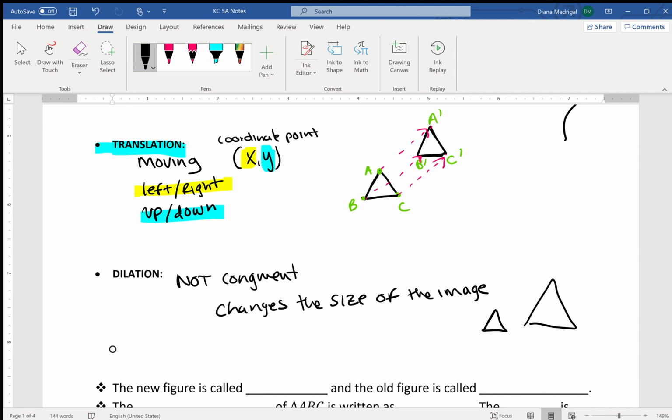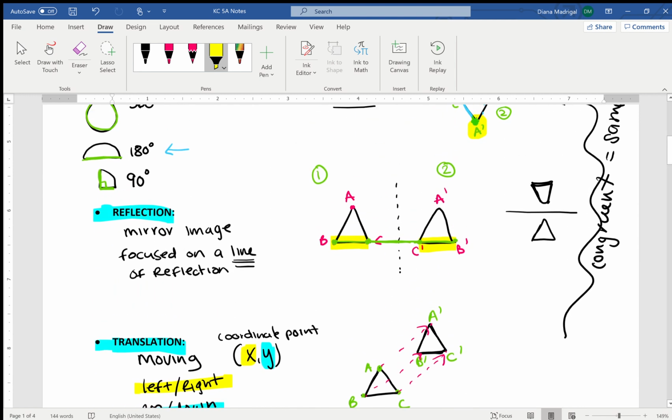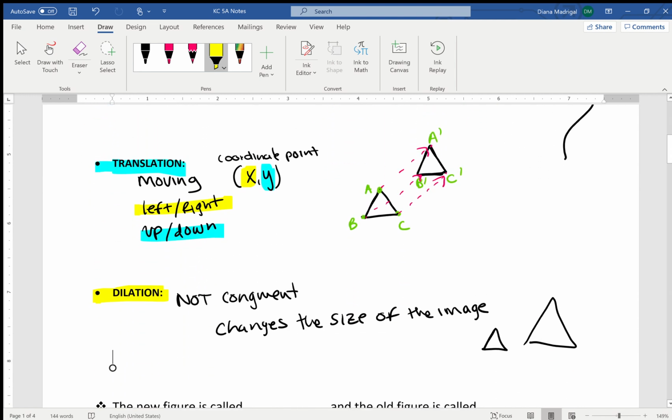Therefore, they're not going to be equal to each other. So dilation is the only one that is different from the three transformations that are in blue, because those are congruent and dilation is not. The main ones that we're going to focus on in this target are the first three: rotation, reflection, and translation. And you'll see little videos explaining a little bit more of these four transformations.